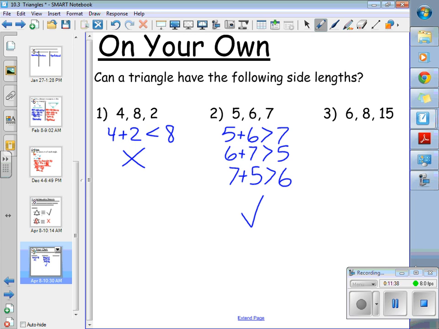And then finally, this last one, 6 plus 8 is greater, no, sorry, it's less than 15. Therefore, this one does not work.